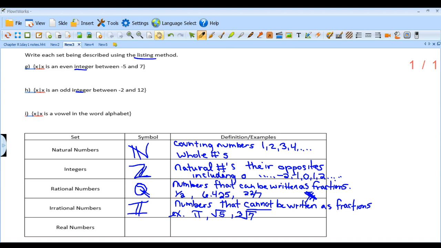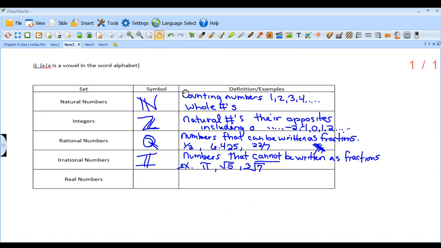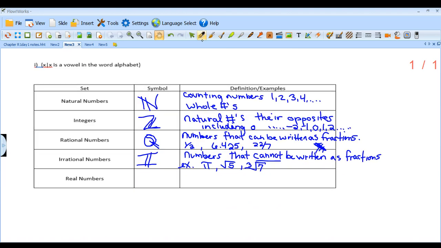And I'm going to move this up here so we can talk about real numbers now. And believe it or not, real numbers are all of these above numbers. All right, so here's our double stemmed R. That's the symbol for real numbers.